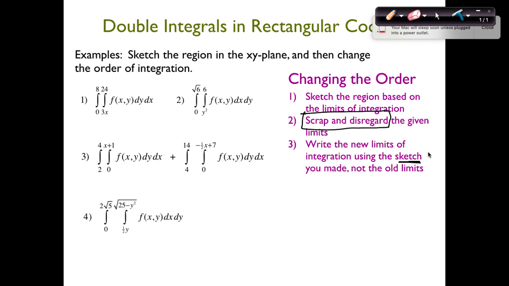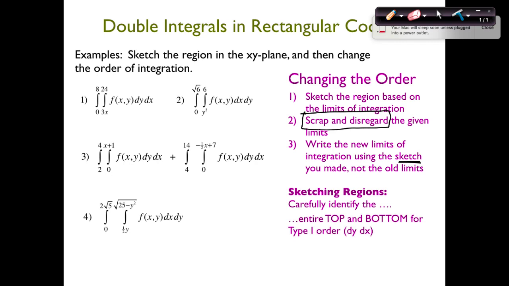Now, getting these sketches correct. If you have type 1, it's about carefully identifying the entire top and the entire bottom. That's going to be the key to a type 1. What's the entire top of it? What's the entire bottom of it?